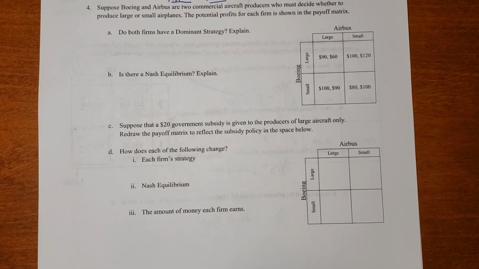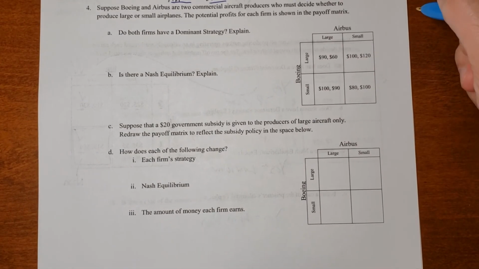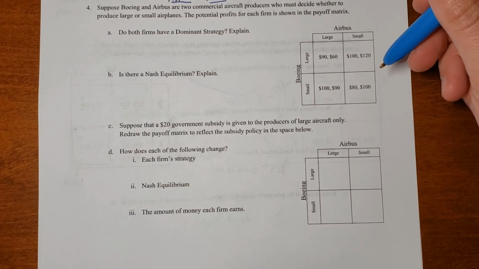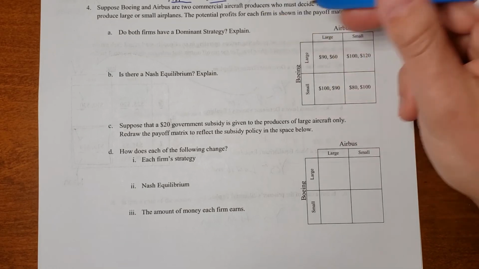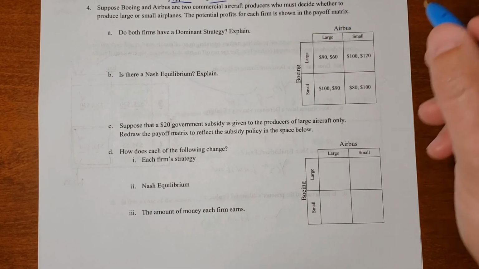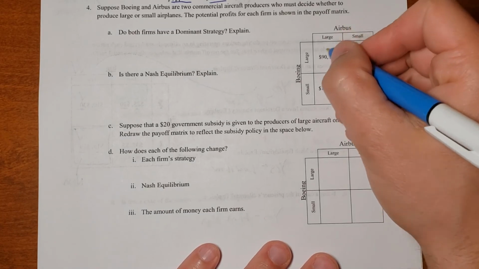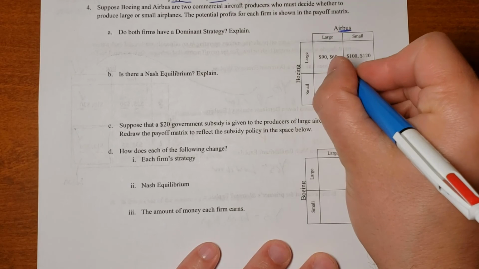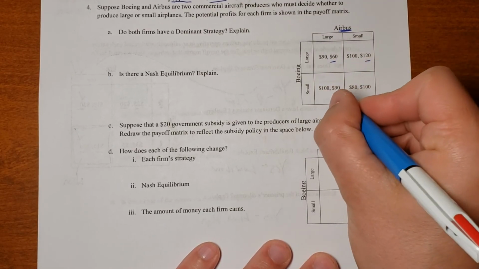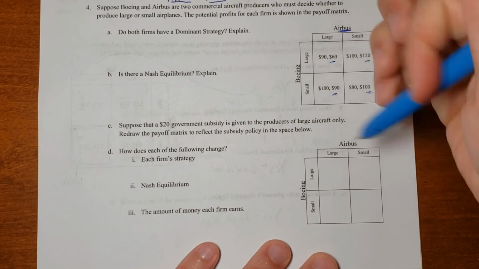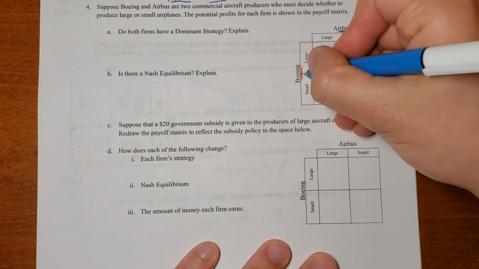It says Boeing and Airbus are two firms that commercial aircraft producers who must decide whether to produce large or small airplanes. The potential payoffs for each firm are shown in the payoff matrix. So here's Airbus. Let's do Airbus in blue again. These are all for Airbus. And for Boeing, stick with red for Boeing.